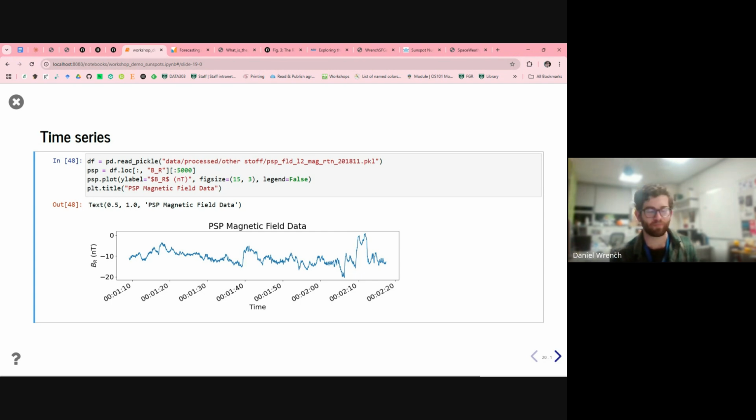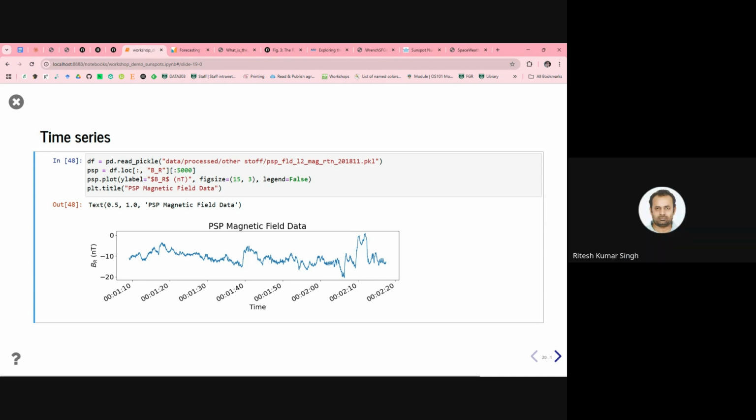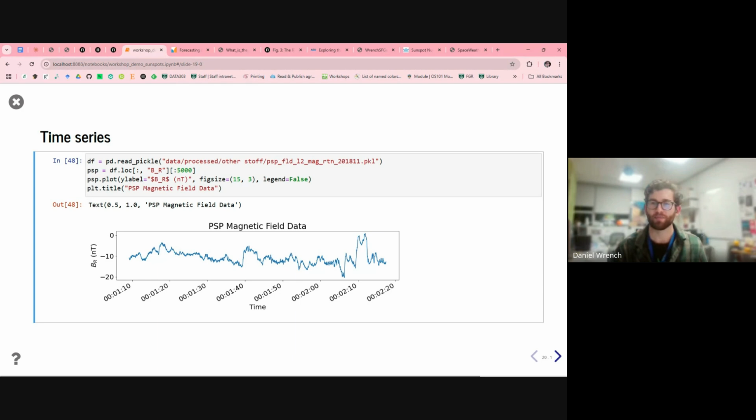Does anyone have any comments on what the magnetic field looks like? Any comment from anybody? If you don't see a specific component, then that is something as well.